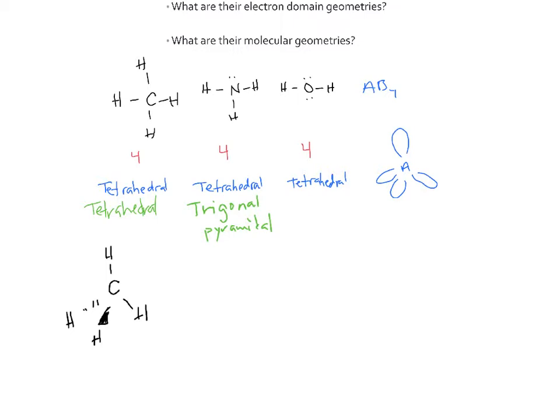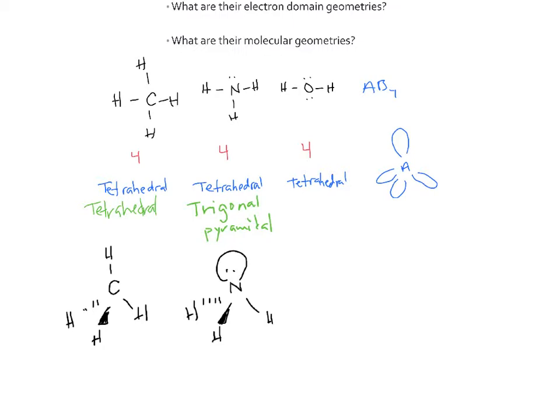So what would that molecule actually look like geometrically? Here's what the molecule looks like with everything in place. You've got the 3 hydrogens, and then the 4th electron domain is the lone pair. But remember, for molecular geometry, we don't care about what the lone pairs contribute to the name of the molecule.